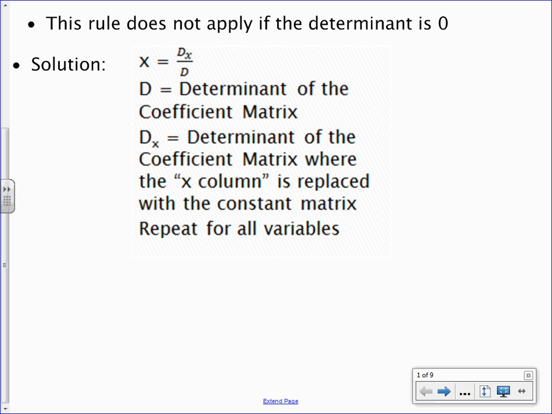Now, in this case, we're solving for x, so in our numerator, that determinant is going to come from the matrix. We're going to take our coefficient matrix, and since we're solving for x, we're going to replace the x column with the constants. So I'll have you write it down, and I will explain what I mean by that.